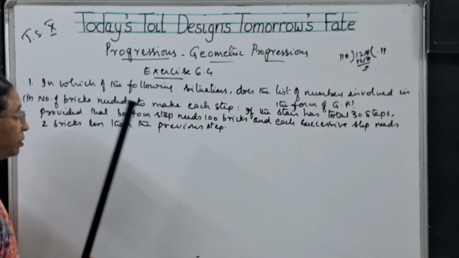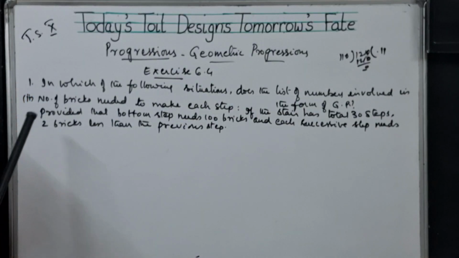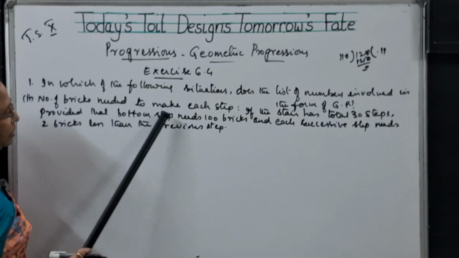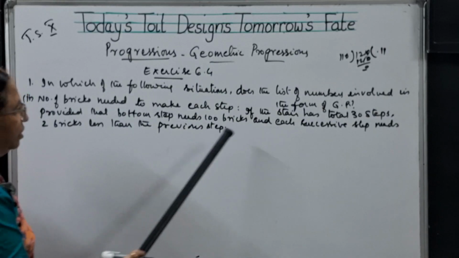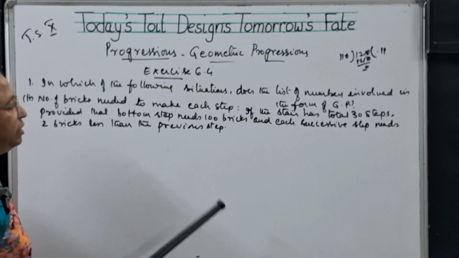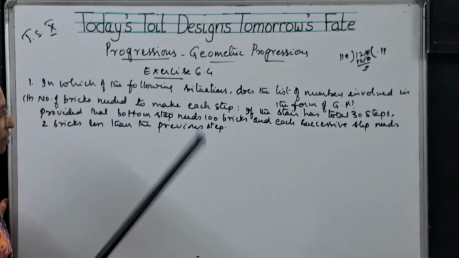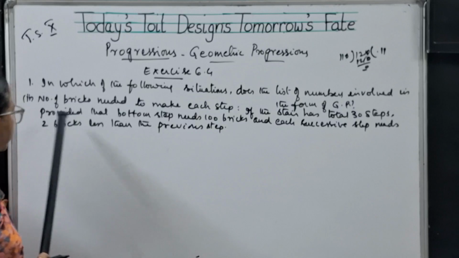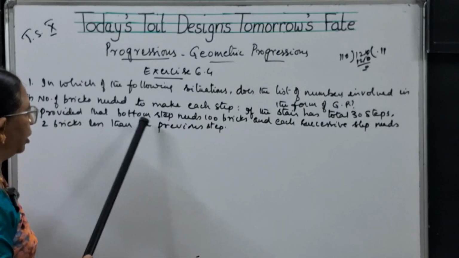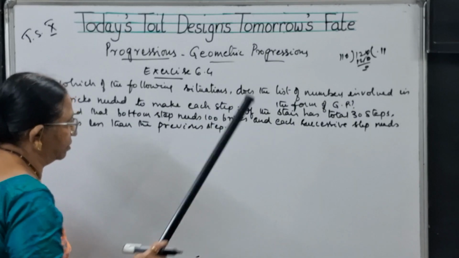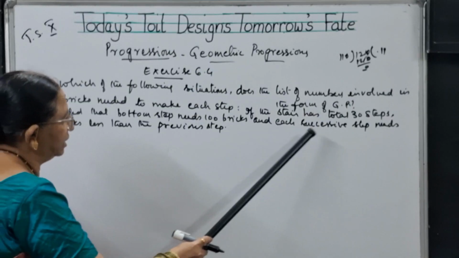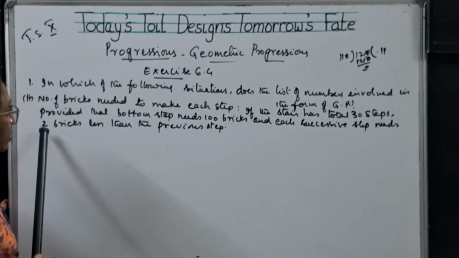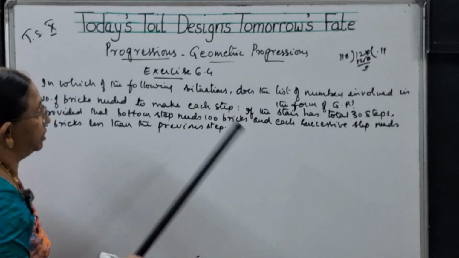Second problem, children. Second bit of the first problem. Number of bricks needed to make each step. The question is about the bricks. The staircase is having a total of 20 steps, provided that the bottom step needs 100 bricks, and each successive step needs 2 bricks less than the previous one.